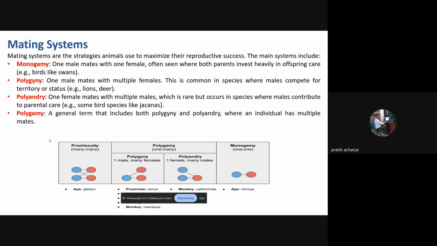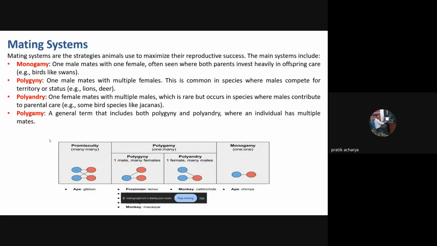Polygamy is a general term that includes both polygyny and polyandry. So first we have to understand what is polygyny and what is polyandry. Polygyny means one male mates with multiple females. Poly means many, gyne means female. If one male mates with multiple females, that condition is polygyny.